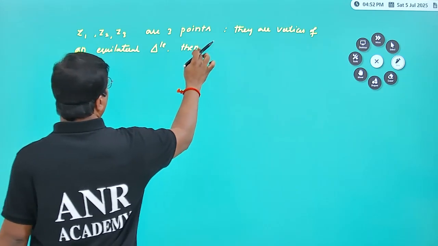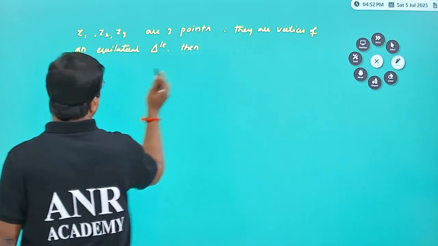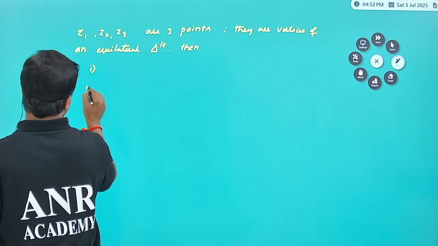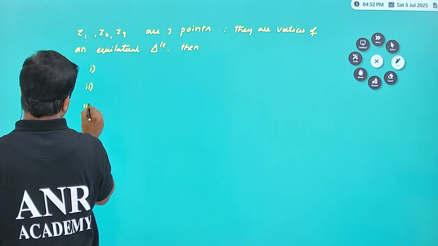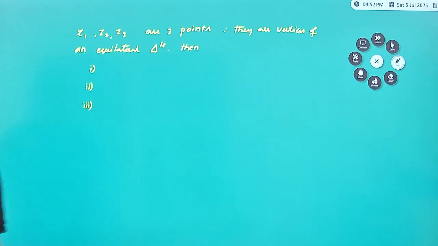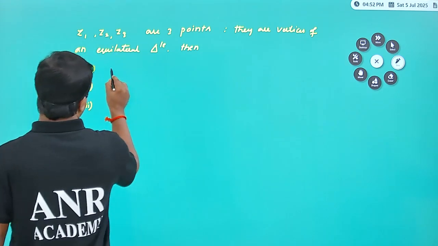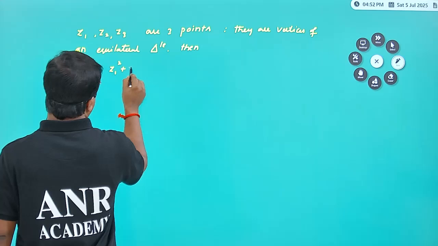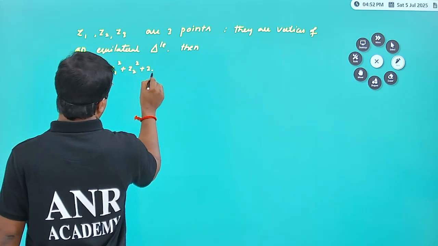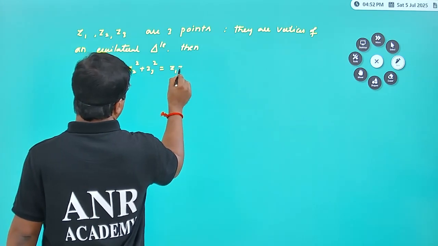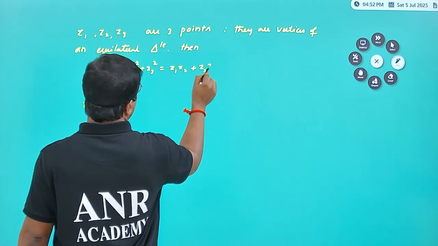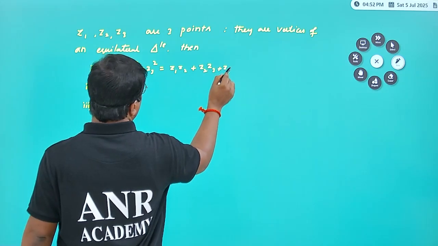Then first result, prove that Z1 square plus Z2 square plus Z3 square equal to Z1 Z2 plus Z2 Z3 plus Z3 Z1.